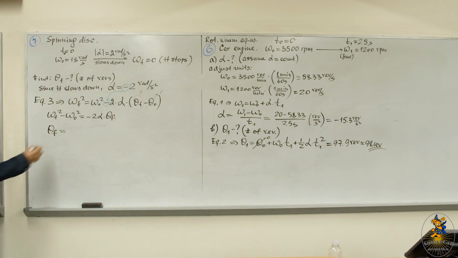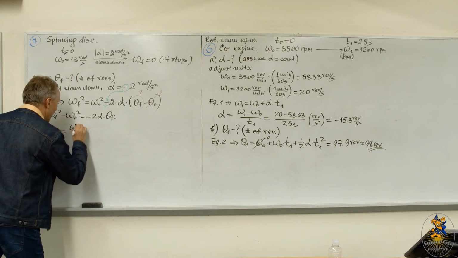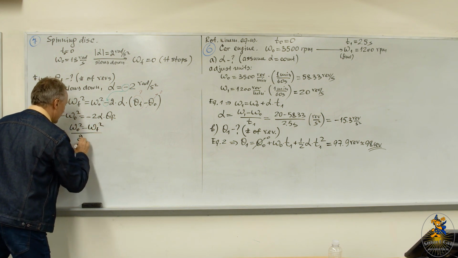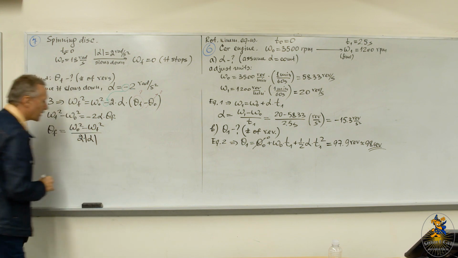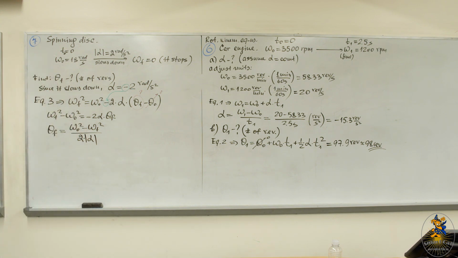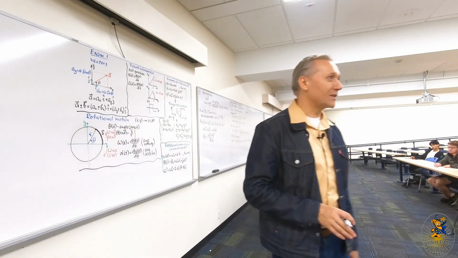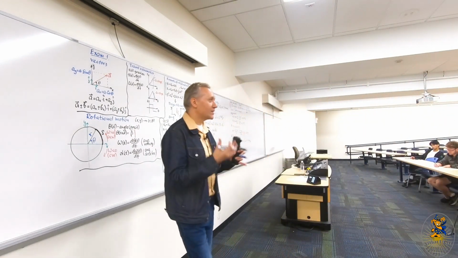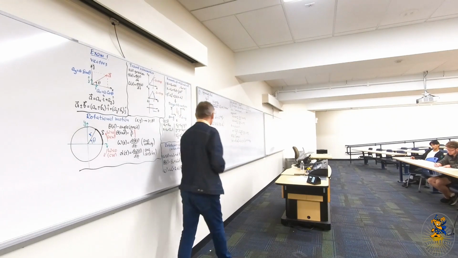It will be omega naught squared minus omega final squared divided by 2 alpha. I can just show absolute value of alpha since I showed minus explicitly. So now I put an absolute value of alpha so that you wouldn't have temptation to use that minus one more time.